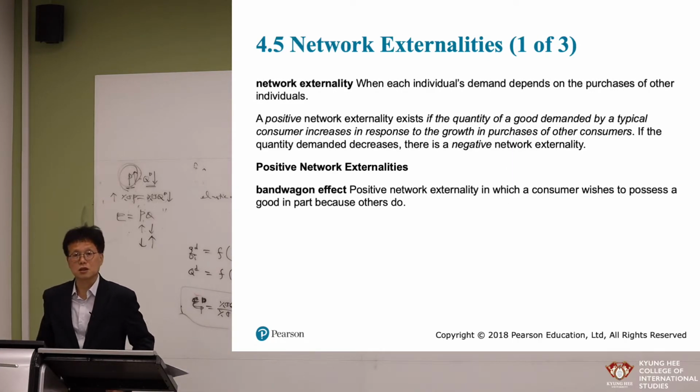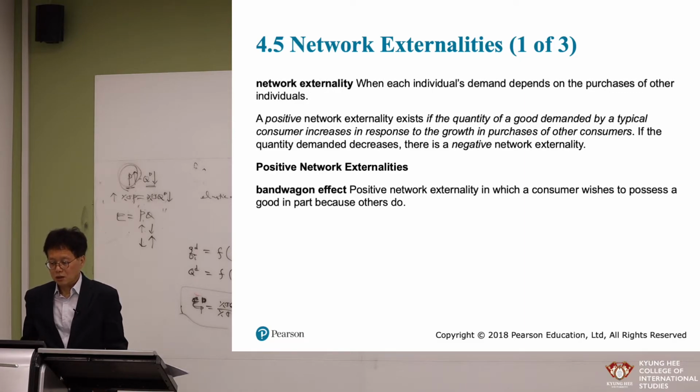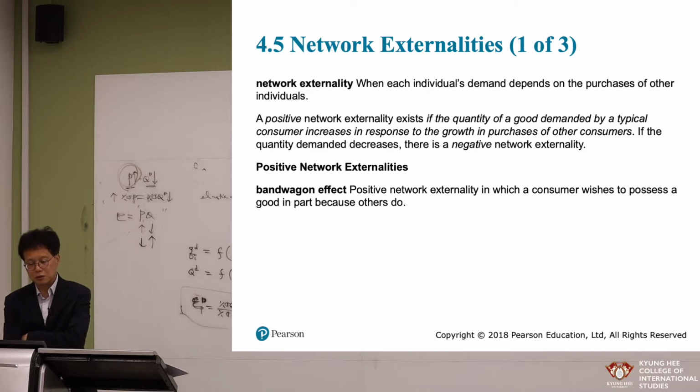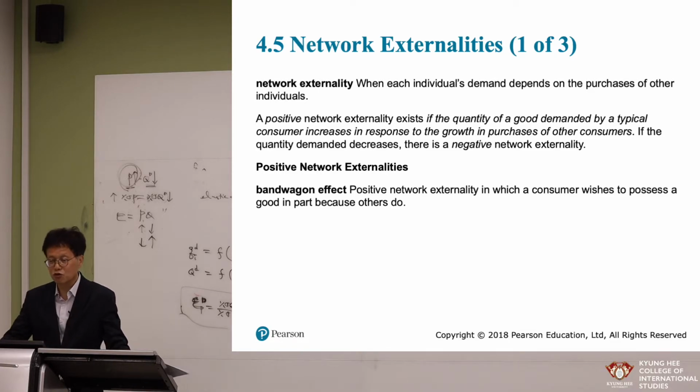Okay, then we go to network externality. As I said before, network externality relates to consumers' decisions to purchase some goods and services not based on the utility maximization problem, so some irrational decisions of consumers.